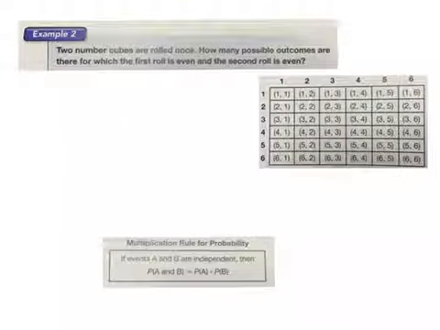Here's example 2. Two number cubes are rolled once. How many possible outcomes are there for which the first roll is even and the second roll is even? So notice, this is the same table as the one I just filled in, except it looks a little bit nicer. But they're wondering, how many possible outcomes are there if the first and the second are even?